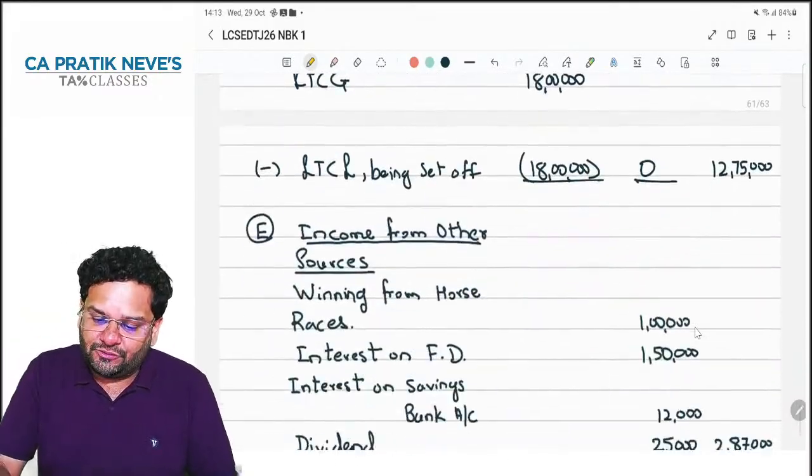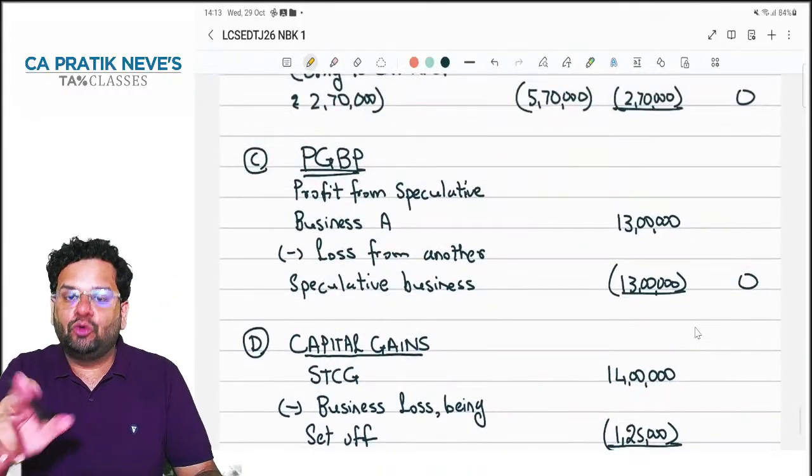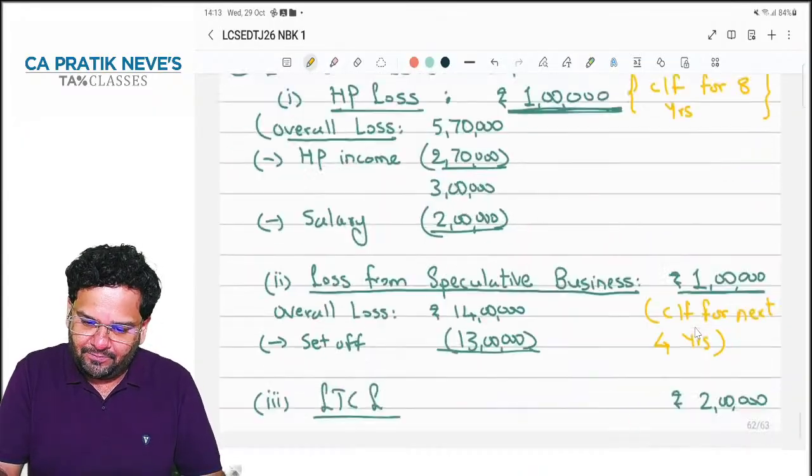Then otherwise this too is clear now. PGBP, loss from speculative business, can be set off only against income from speculative business. That is so clear.